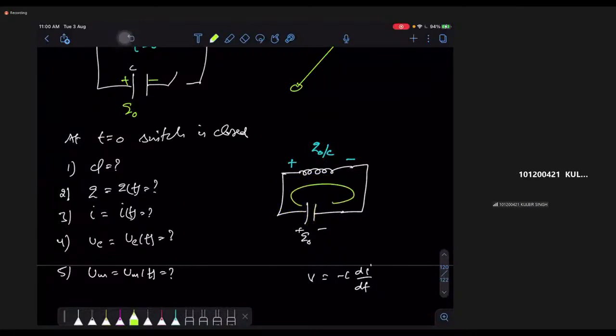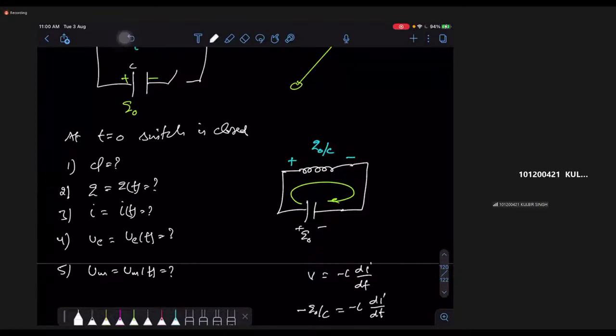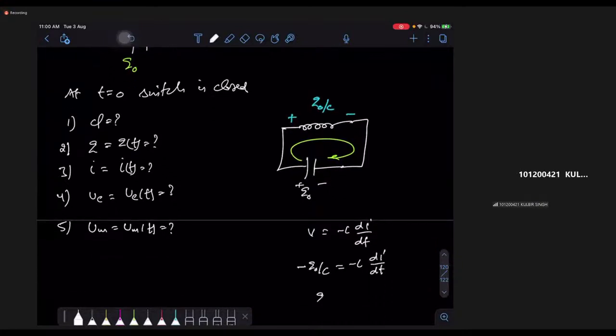We know that it's a positive charge. It tries to move this way. So charges here try to move in this direction. So it is going to create a potential drop across the inductor. When it creates the potential drop across the inductor, it creates di by dt, positive di by dt. Positive di by dt means current increases. Di by dt means current has begun to change.